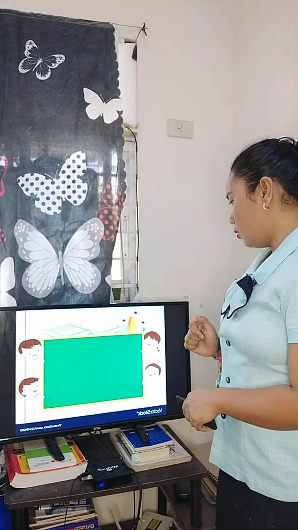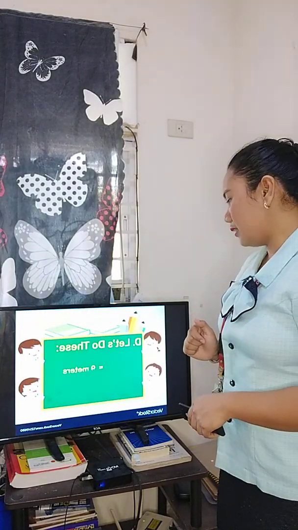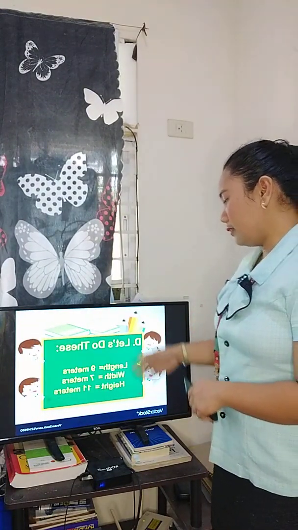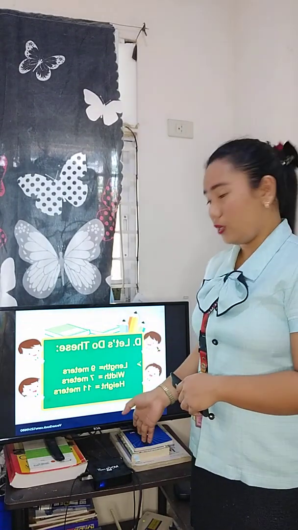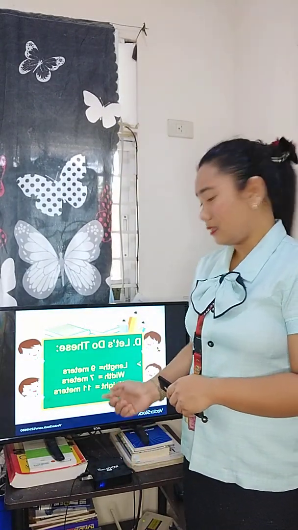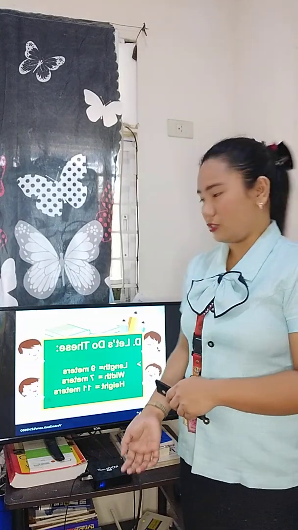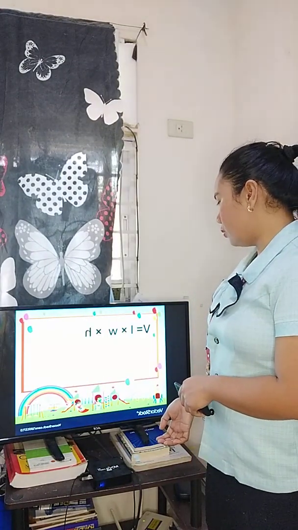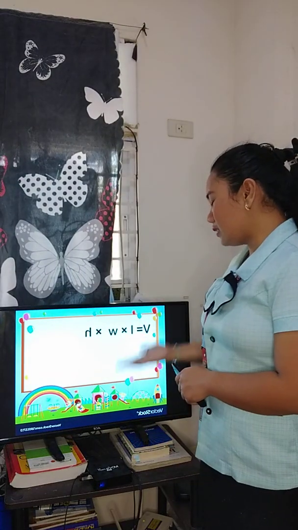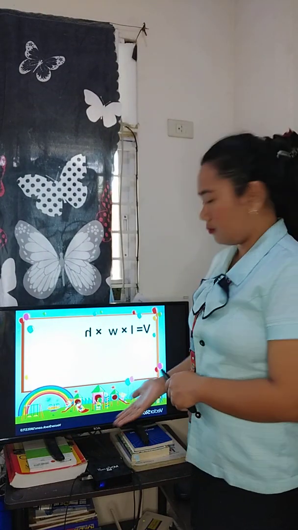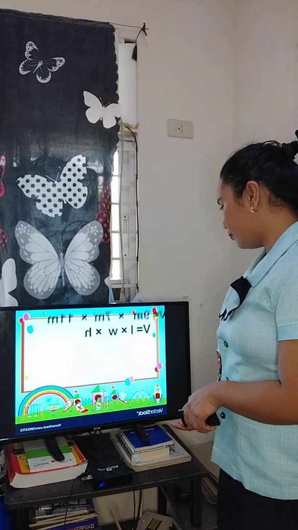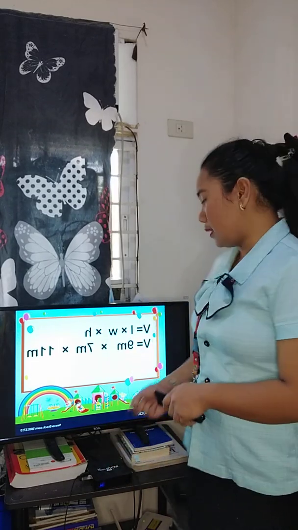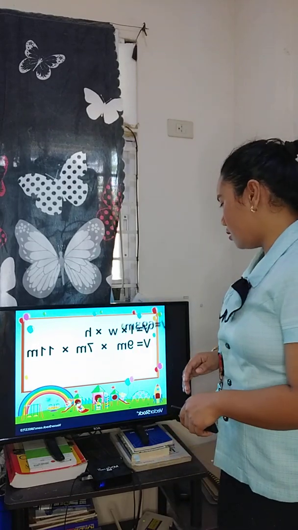So, let's do this. Length equals 9 meters, width 7 meters, and height 11 meters. This is the answer. Volume equals length times width times height. Volume equals 9 meters times 7 meters times 11 meters.